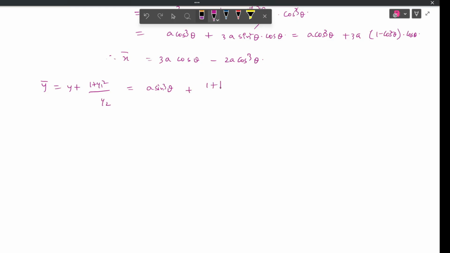So 1 plus y1 square will be 1 plus tan square theta, and we know y2, this is 1 by 3a sin theta cos to the power 4 theta. So we can say a sin cube theta plus, this is 1 plus tan square theta which is sec square theta, and this will come in the numerator with 3a sin theta cos to the power 4 theta.